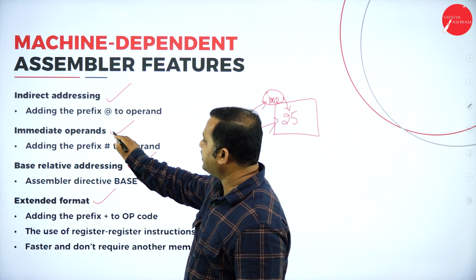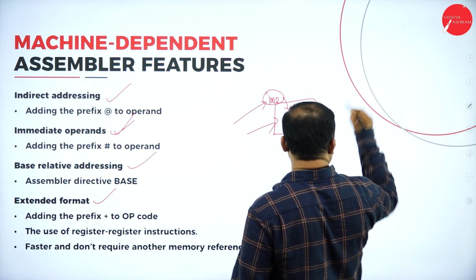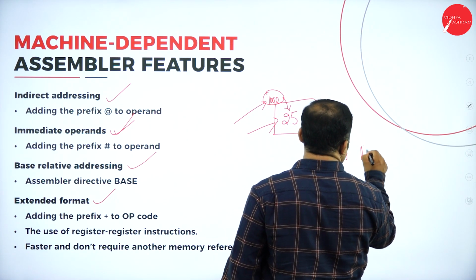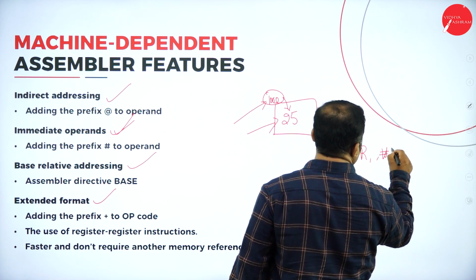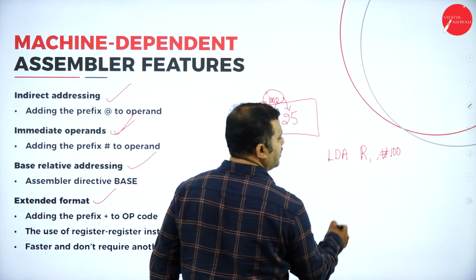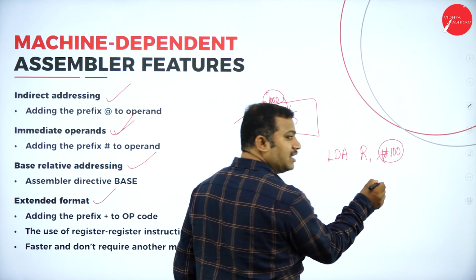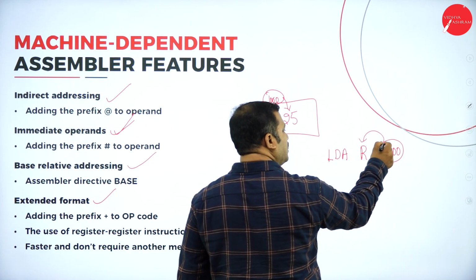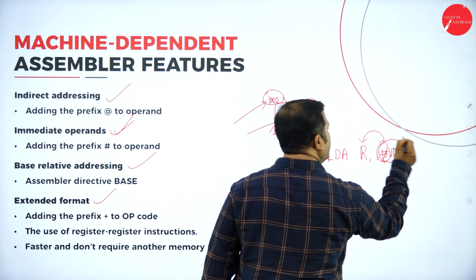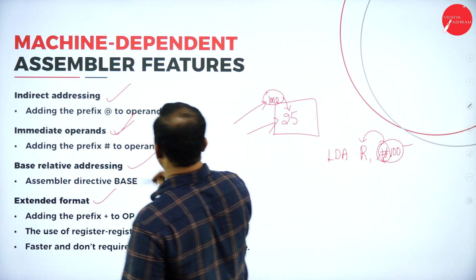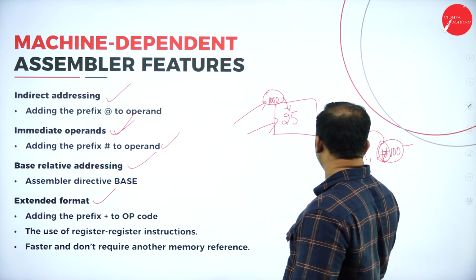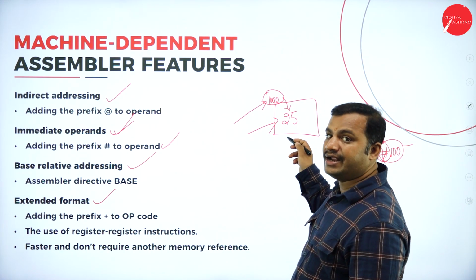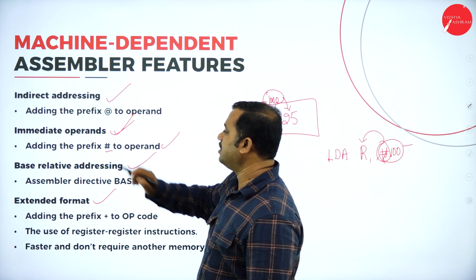In case of immediate addressing, we directly use a prefix, for example in the operand LDA R1, #100. What is that 100? 100 is a constant or a literal which is assigned to register R1. So directly we are using that. This is called immediate addressing. Always the operands begin with the hash symbol. That is, the symbols or literals are indicated by the hash symbol.